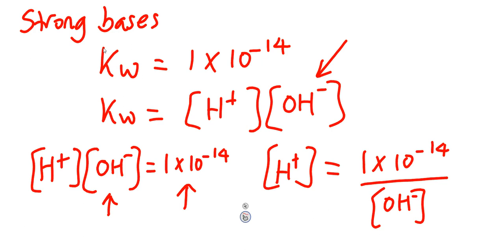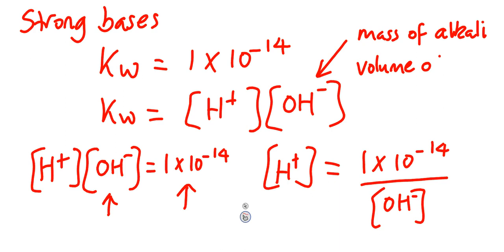Now, how could the examiners make this more complex? Rather than giving you the concentration of hydroxide ions, they may give you the mass of alkali. They could give you a volume of water.